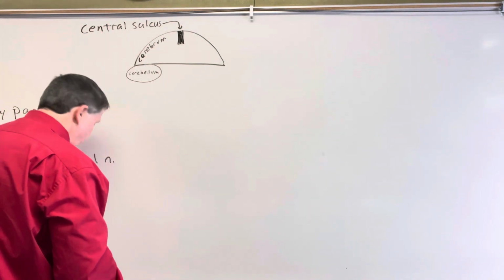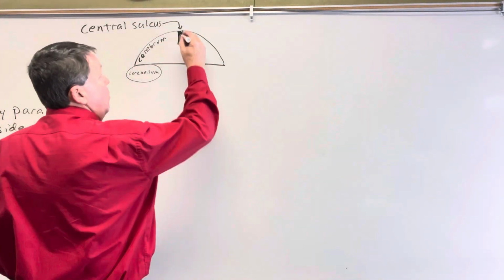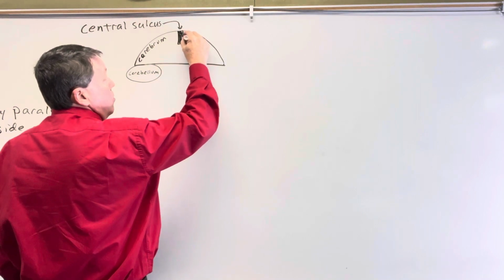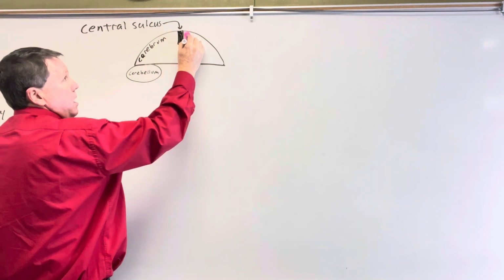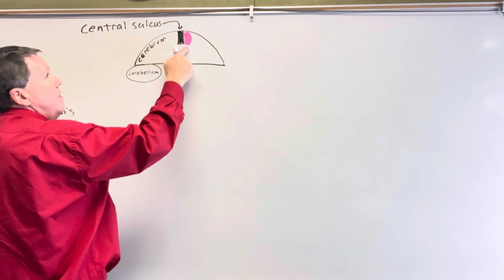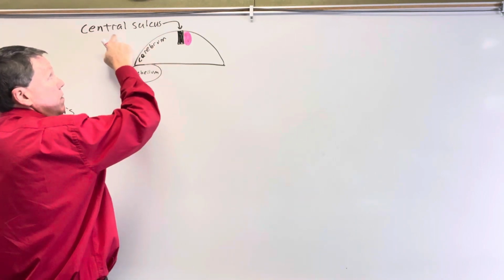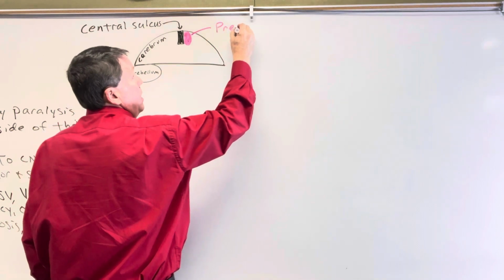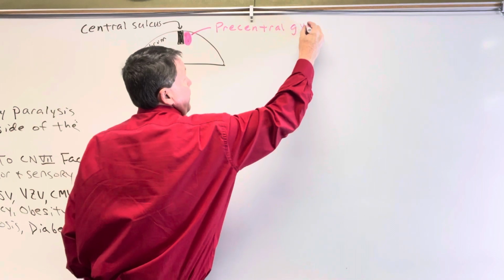Then we are going to have something called gyri. The gyri are the solid parts of the brain. When you see a picture of a brain, the solid part is going to be the gyri. Because this gyrus is in front of the central sulcus, we call this the precentral gyrus.